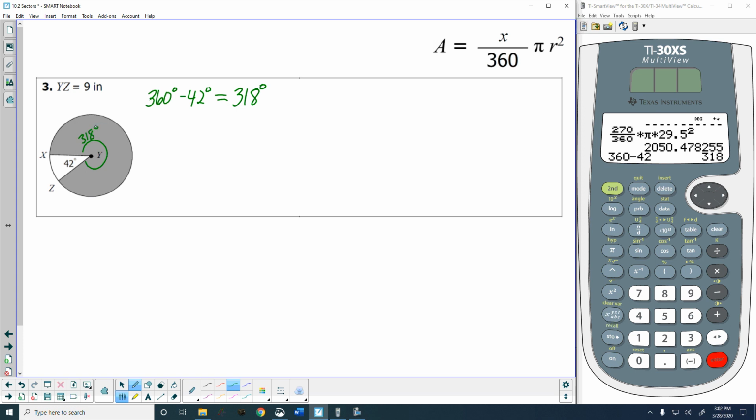All right, so if we want to calculate the area, we use our central angle, divide it by 360, and multiply that by pi times the radius squared. Radius is 9.